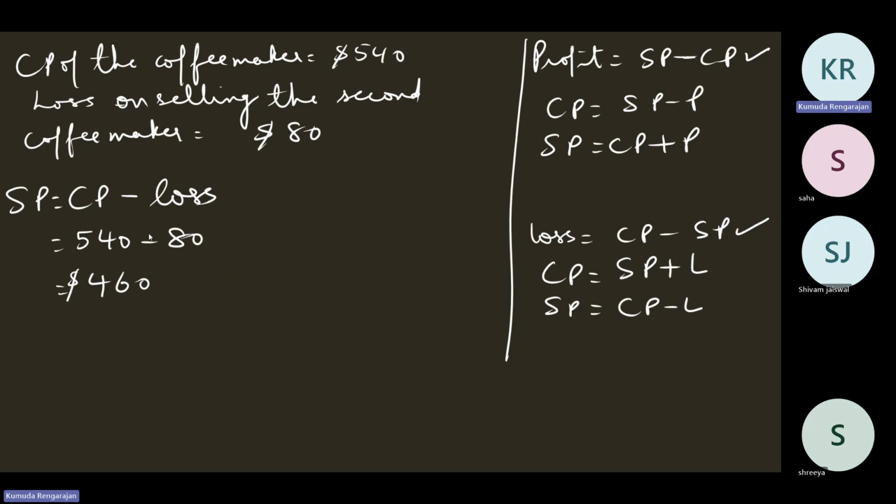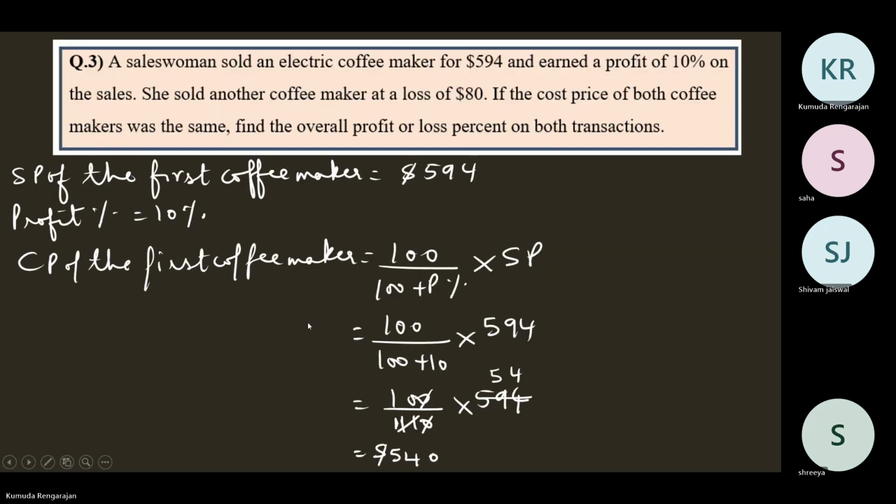So where are we now? Yes, we found the selling price. Now we need to find, if the cost price of both coffee makers was the same, the overall profit or loss percent on both the transactions.